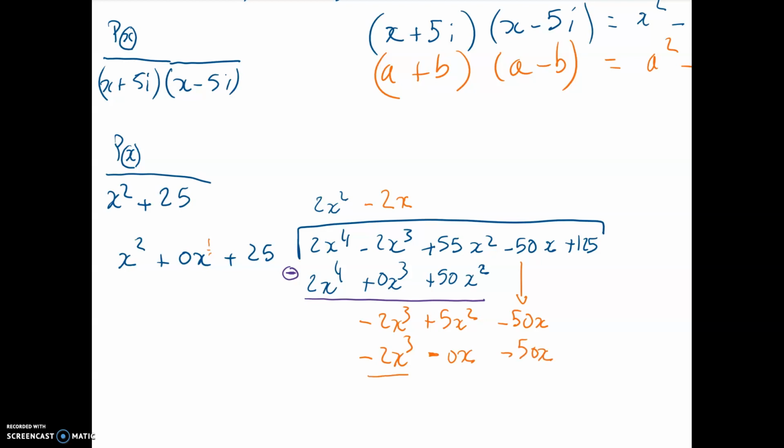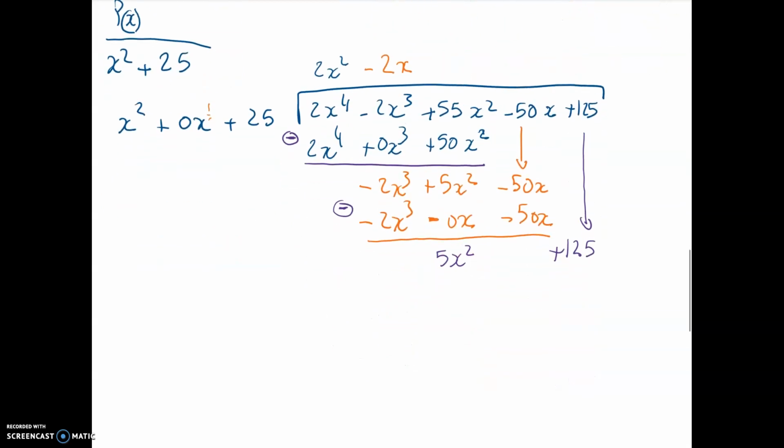Minus 50x, I subtract, and I end up with 5x squared. And now I will bring down the plus 125.